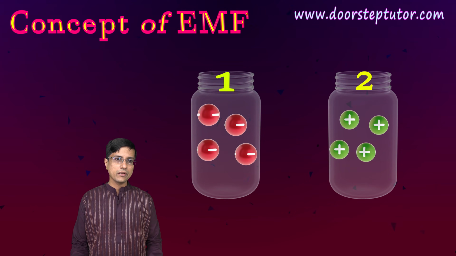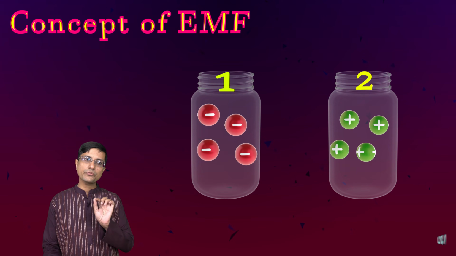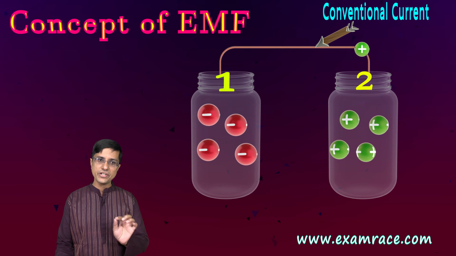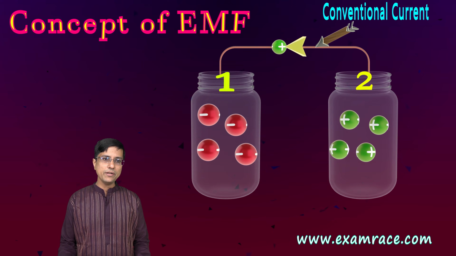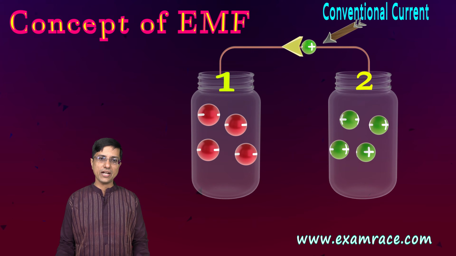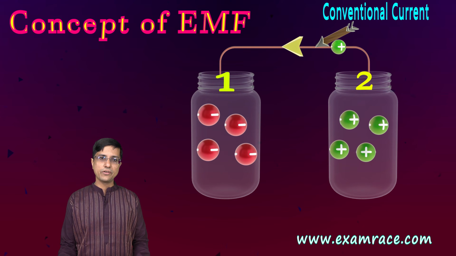Let's now introduce some terminology. One thing that we introduced was the idea of conventional current. It flows from the positively charged jar to the negatively charged jar. That is what we will draw now.